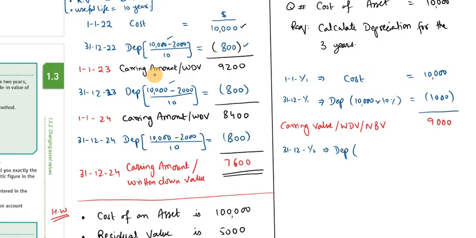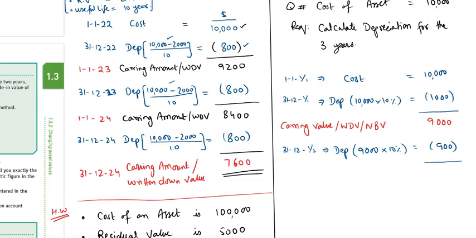As per the straight line method, we always calculate depreciation on cost, so the depreciation amount remains the same every year. But in the reducing balance method, we calculate depreciation not on cost but on the written down value, or net book value. So we will calculate depreciation on 9,000, not 10,000. 10% of 9,000 is 900.